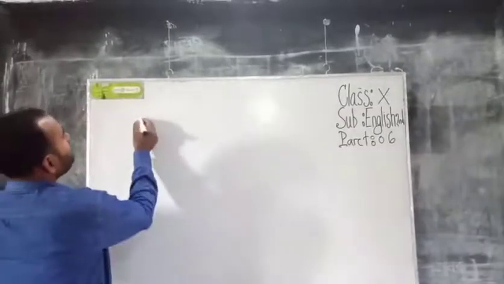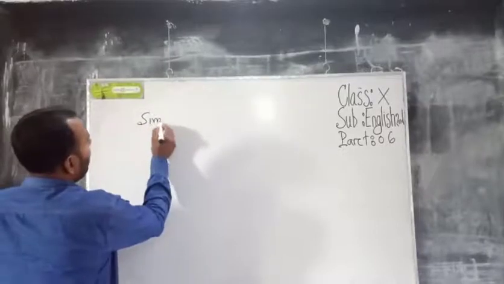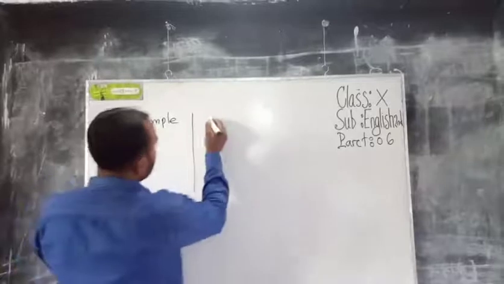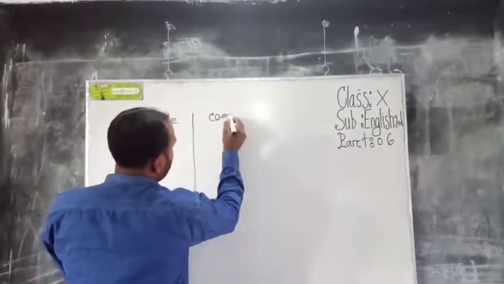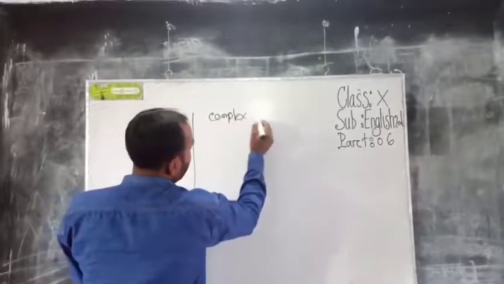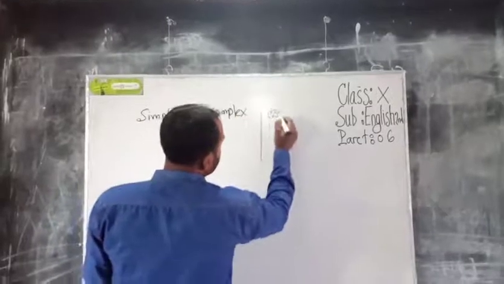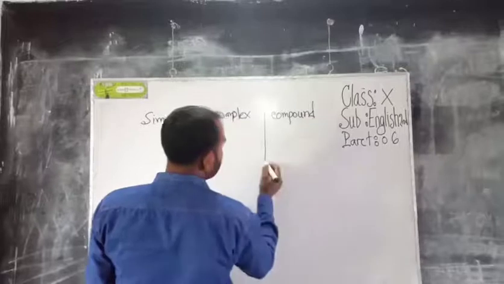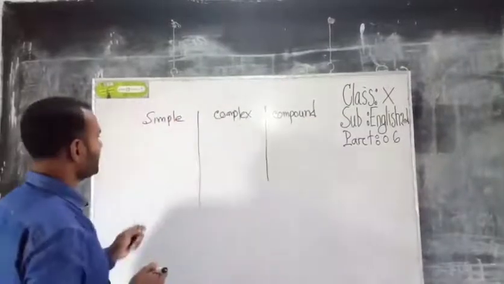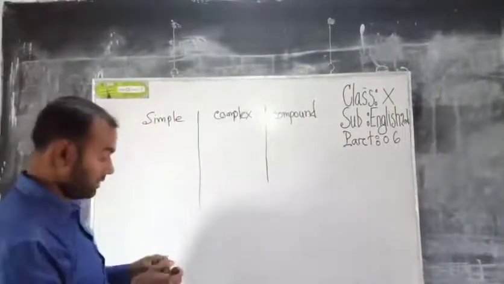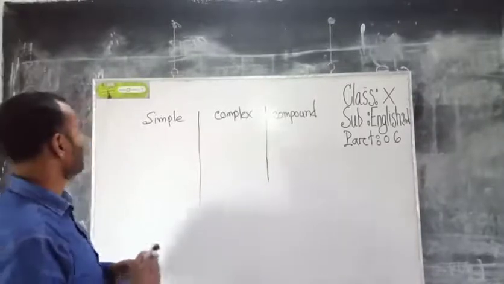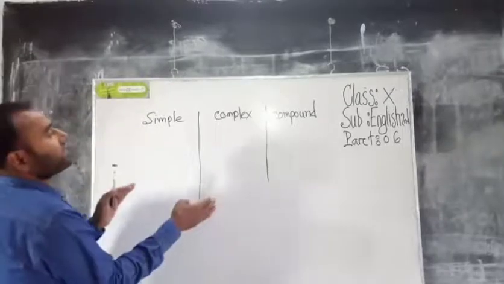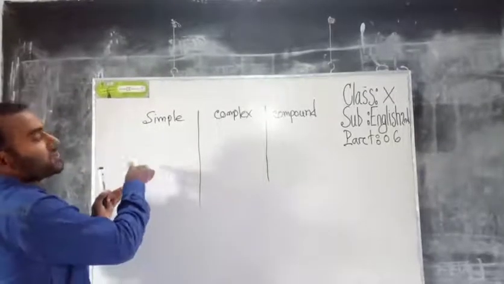Accordingly, draw columns of simple, complex, and compound. In a very easy way, we will transfer a sentence from one form to another.